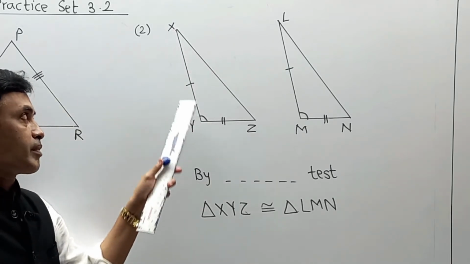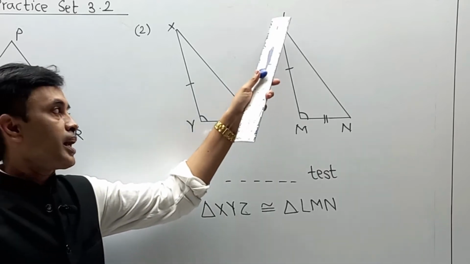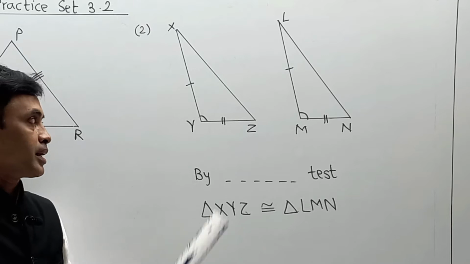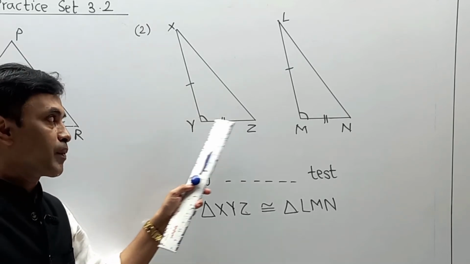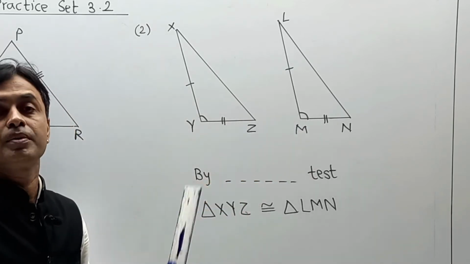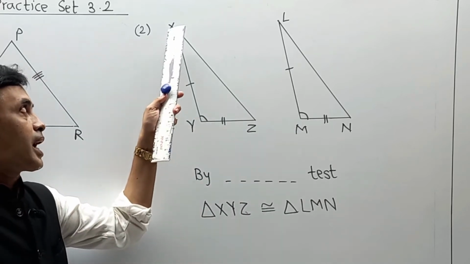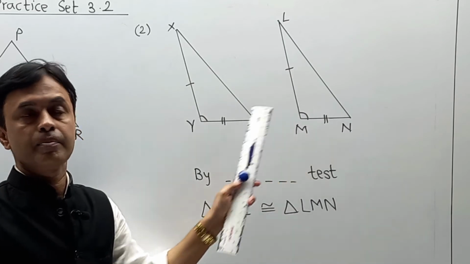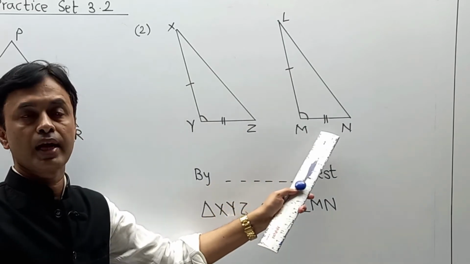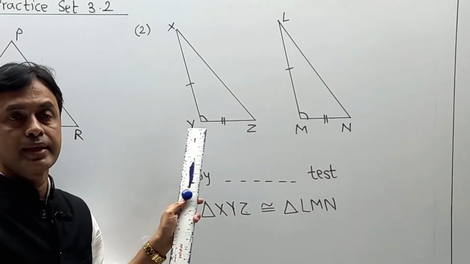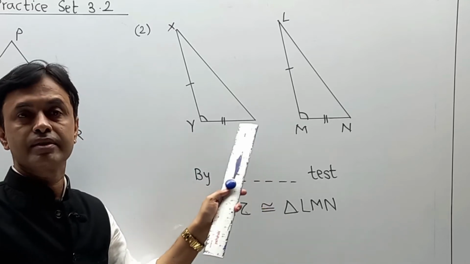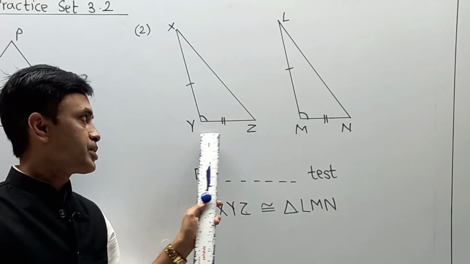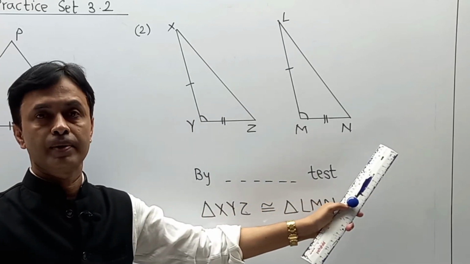They have given XY with a single mark and LM with a single mark, which means markings on the sides. Next, angle Y is congruent to angle M with the marking sign, or you can say angle XYZ is congruent to angle LMN. And third, side YZ, given with a double mark, is congruent to side MN, given with a double mark.